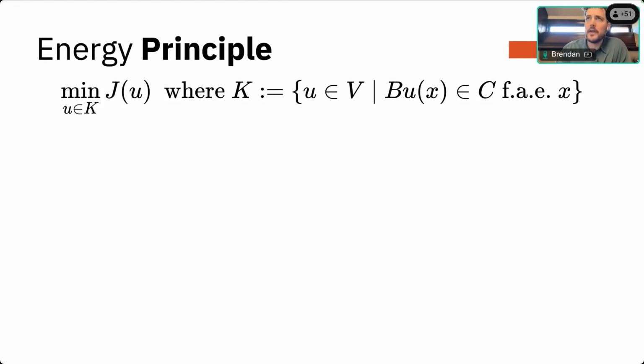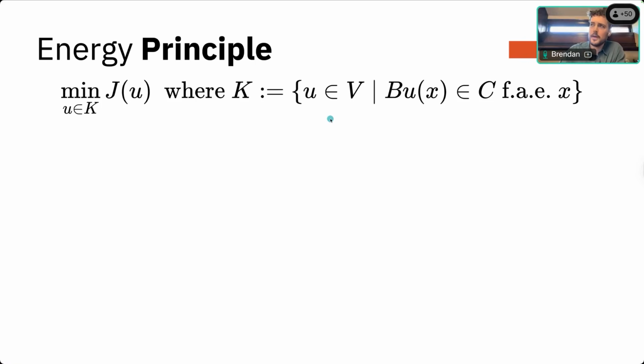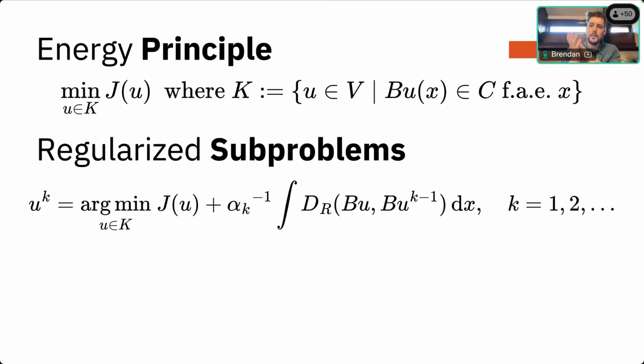I'll assume we always have an energy principle, so we're minimizing some objective function J over this set K. And what I'm going to use is this somewhat, I would say, we've been looking at this for a long time, so I'm tempted to say straightforward, though I know it's not. It's really pretty much the only way you could apply Bregman proximal point to a feasible set of this type.